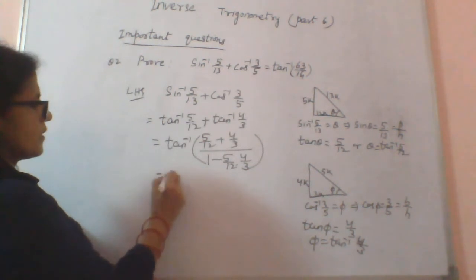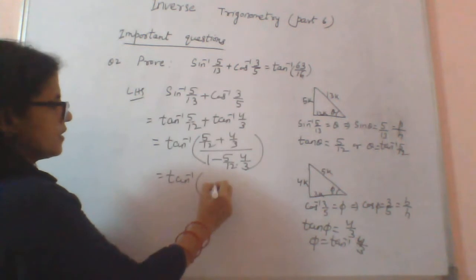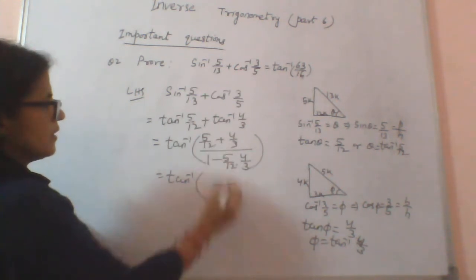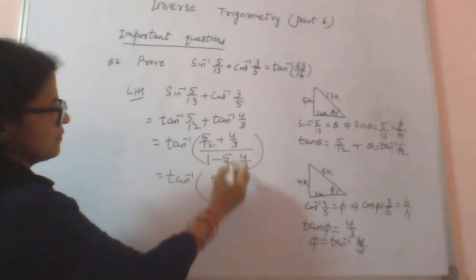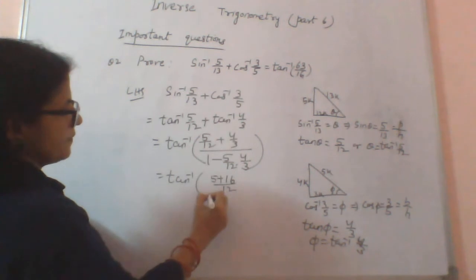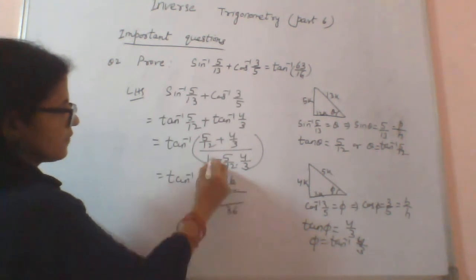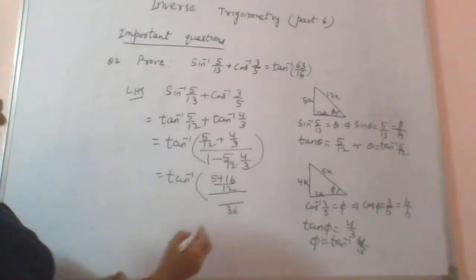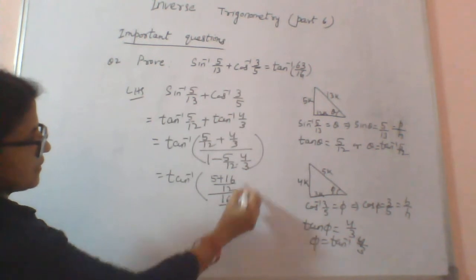So here we are getting tan inverse. Now 12, 3, LCM is 12 here. So it is 5 plus 16. Okay. Now here it is 36. 36 minus 20. So it means 36 minus 20, 16.